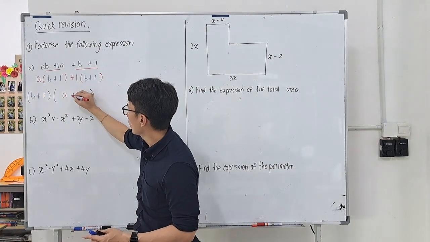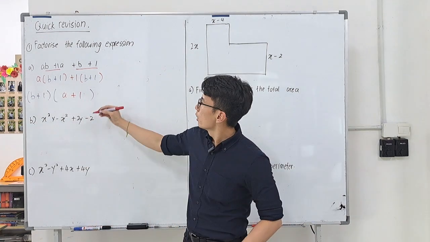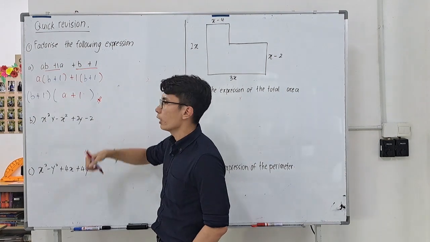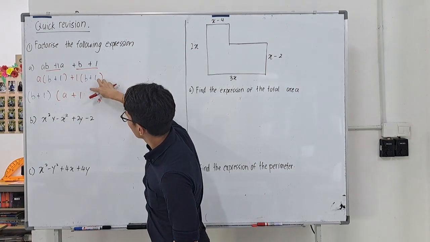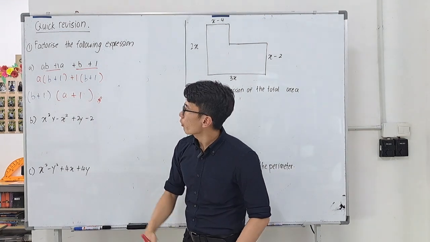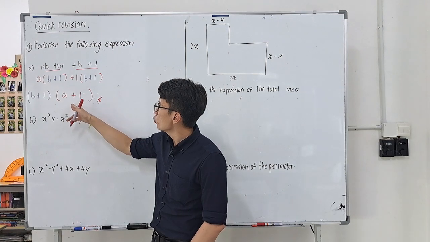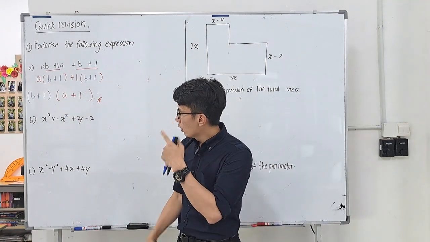It's going to be A plus 1. So we have done it over here, and this is my answer after I have factorized it. Of course, for everyone to cross-check, feel free to expand this and you should get back the same expression on top over here.